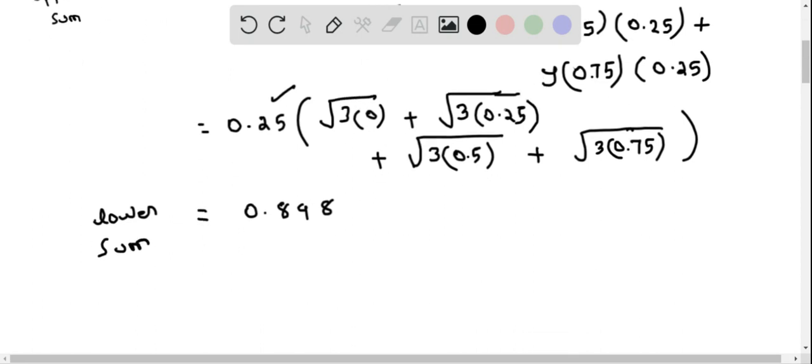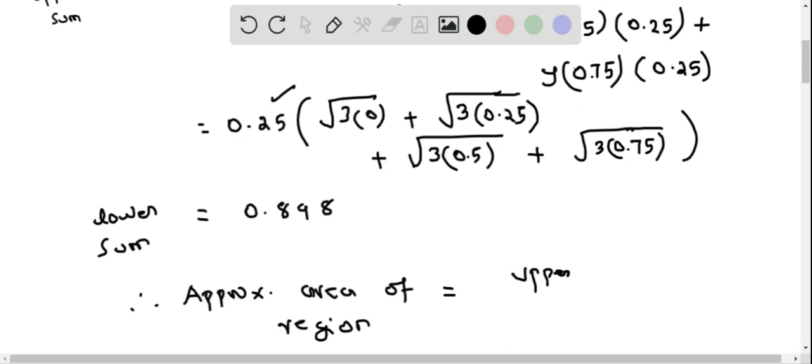Therefore, we now write the approximate area of the region. We can simply take the average of these two sums, that is upper sum plus lower sum divided by 2.